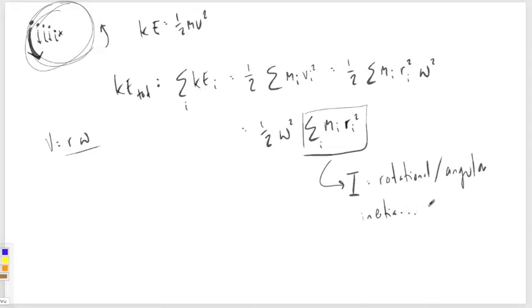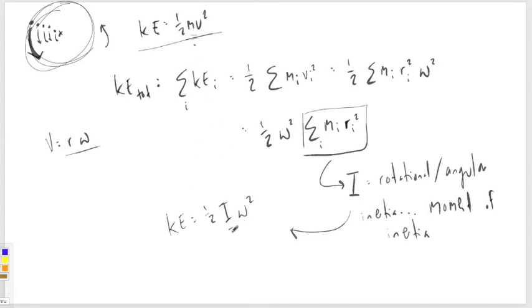Another term for that is moment of inertia. And so if I substitute in an I there, then my equation for the kinetic energy of the rotating object becomes 1/2 I omega squared. It looks just like this equation, but instead of having mass, I have I.